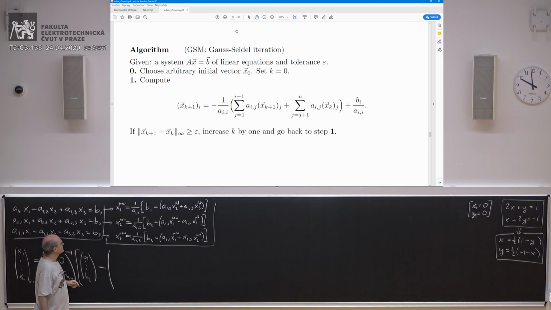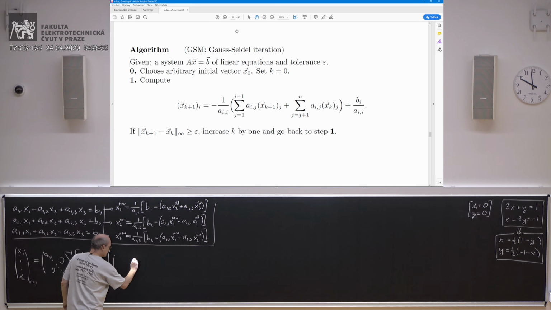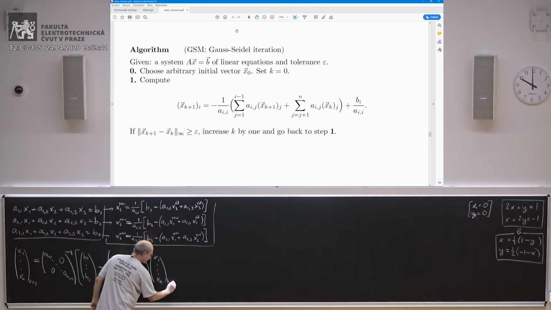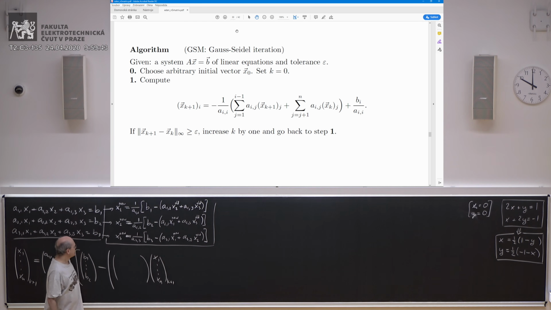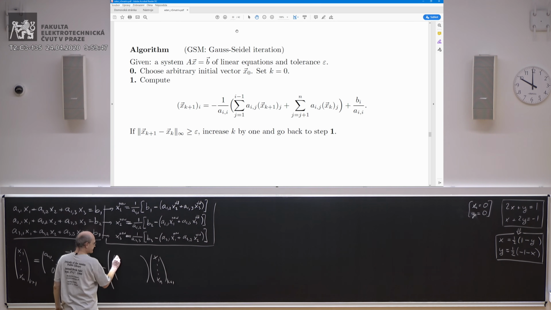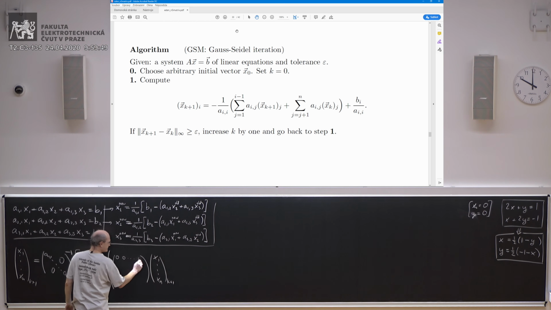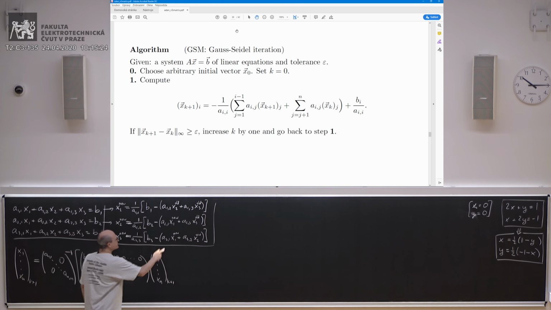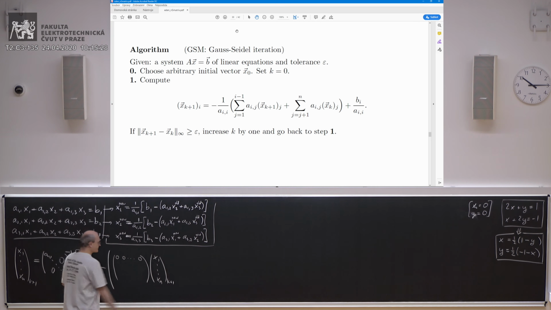So where am I using the new vectors? Well, that's the k plus first iteration here. In the first row, I am not using them at all, so I get zeros in the first row. Let's have a look at the second row. In the second row, we do use the new iteration of the vector, but just the x1 value.